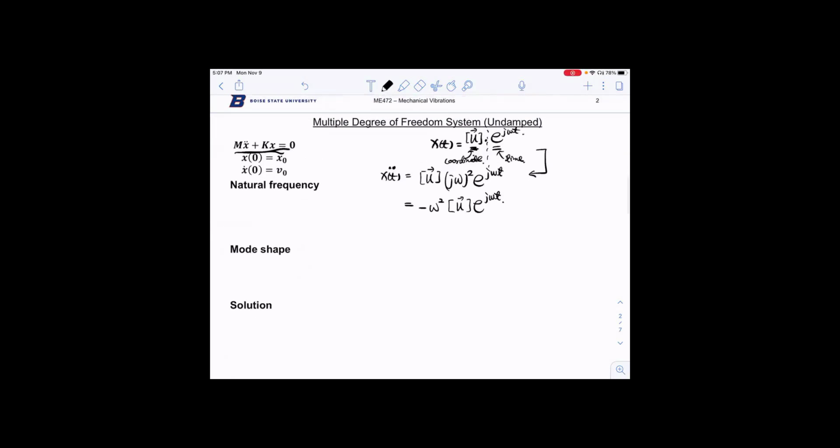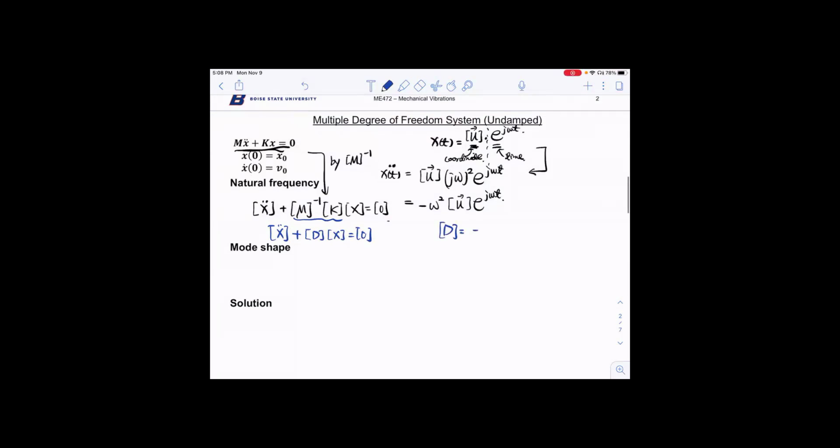All right, so let's see what we have here. M x double dot plus kx equals 0. That's not convenient, so let's change it to x double dot plus M inverse k x equals 0. We just multiply both sides by M inverse. Then for convenience, let's define what's underneath here as D. What is the D matrix?